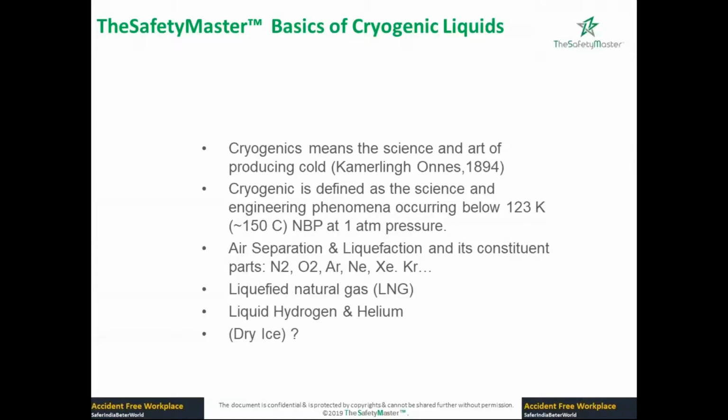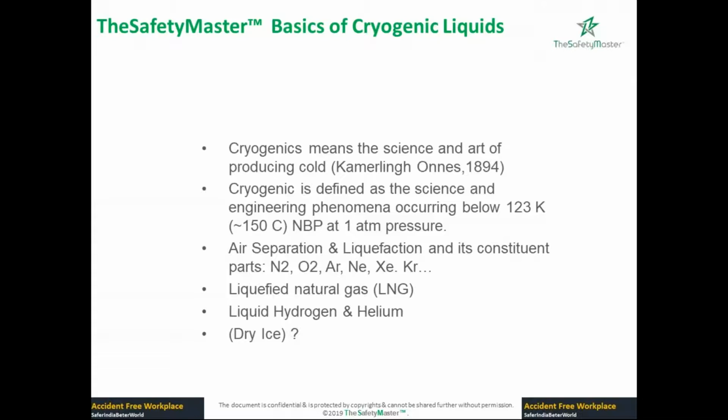And then we look into the constituents of atmospheric air. Here you have nitrogen, oxygen, argon, neon, xenon, and krypton. Nitrogen and argon are inert gases, and the oxidizer is oxygen. And then you have noble gases like neon, xenon, and krypton.